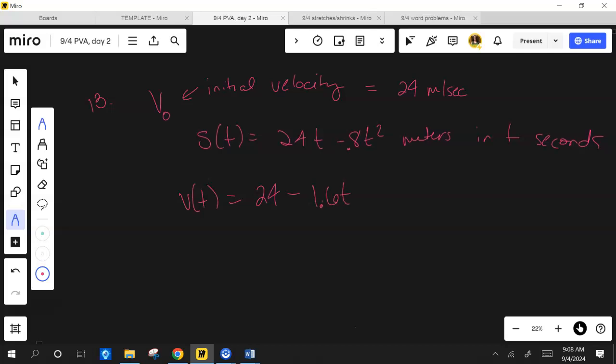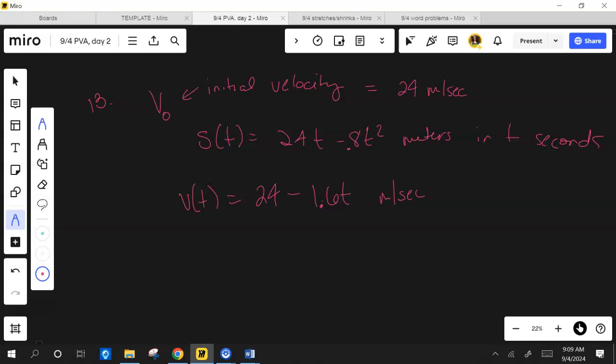Wait a minute. I'll give you a second. What are my units here? Velocity at any time, that's right. Velocity at any time is 24 minus 1.6t meters per second.